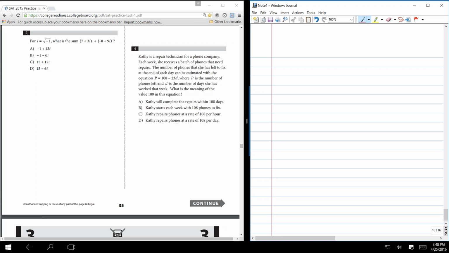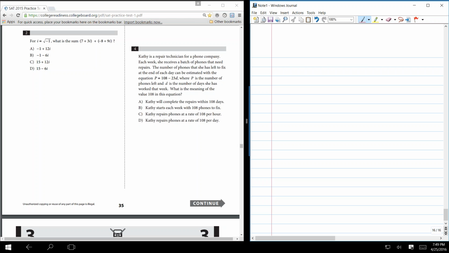So on this one, the number of phone calls that you have to fix at the end of each day can be estimated by that equation, with P being the number of phone calls left and D being the number of days she has worked that week. So what's the meaning of the 108?